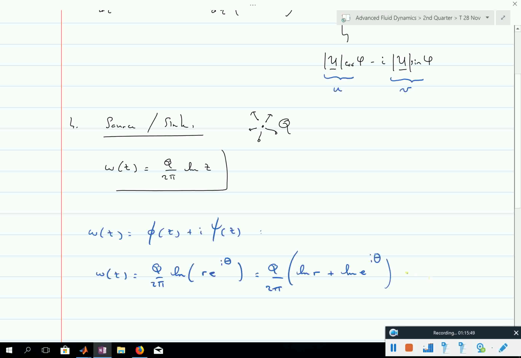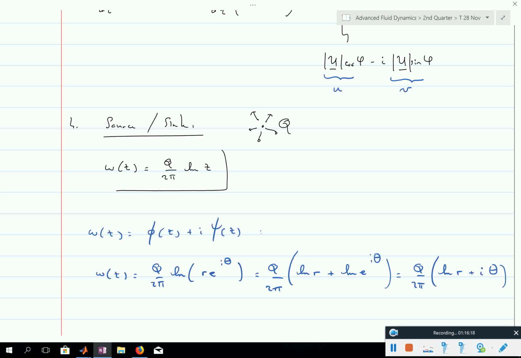Now what do you think the logarithm of e to the i theta is? i theta. Yeah? So this is where you might run into some troubles, and we'll never discuss that. You will have some troubles when theta goes from 0 to 2 pi and then goes above 2 pi, then you have a different value for your complex part, but it doesn't look like a function anymore. So this is when you have problems; we'll never discuss that.